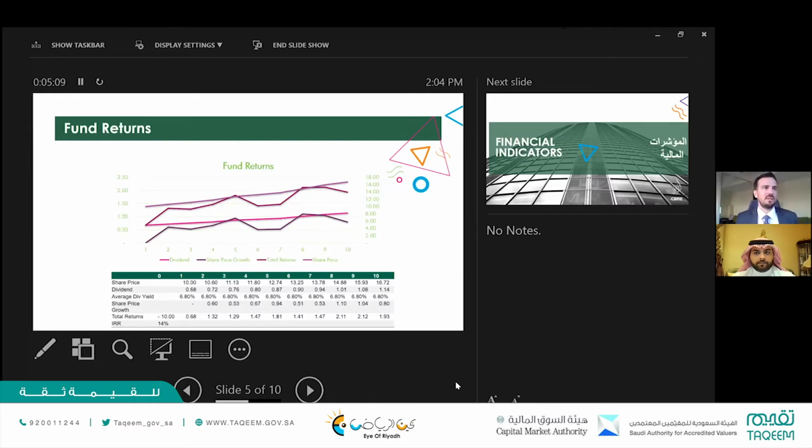So here you can see the share price in the top line of the table, and also the line of the graph. We've assumed a dividend here based on similar outputs from the average of the 17 listed REITs in the Kingdom at the moment.